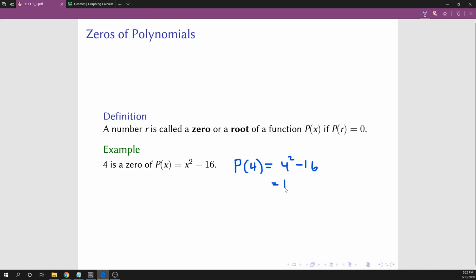That's 16 minus 16, and that's equal to 0. So we would say 4 is a zero of p of x, because when we plug it in, we get 0.